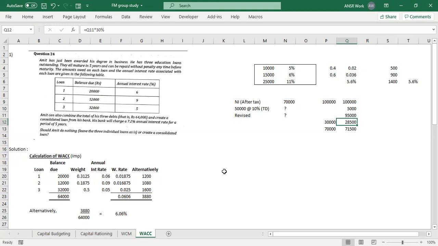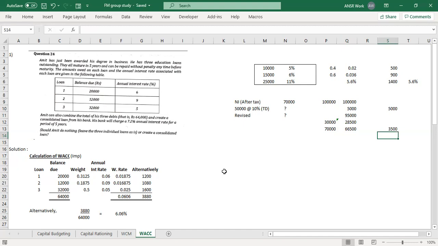From EBIT, when we deduct the interest, there is a certain amount which comes and we pay taxes on that, not on this. So we cannot just deduct 5,000 from 70,000. Then we'll have to first multiply it by the tax, go back to what my EBIT was, and then calculate it.